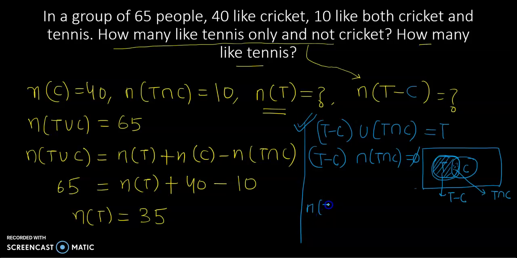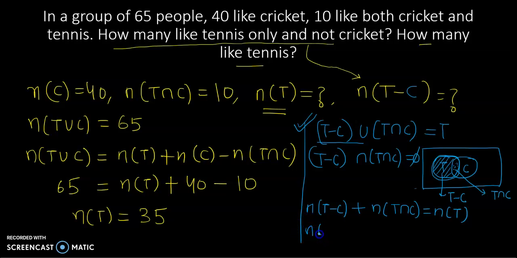That means the number of elements in T minus C, plus, instead of union I'm using plus, the number of elements in T intersection C is equal to the number of elements in T. So in this equation I have added the number of elements on all sides. The number of elements in T minus C is what I want to find out.